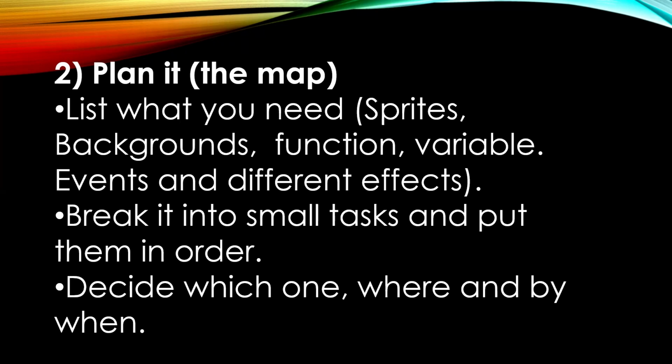So you should decide what events are required in the game. First you decide background, then sprites, what functions you require, what variables you require, and what different events you require in your game. Now note it down on your pen and paper.